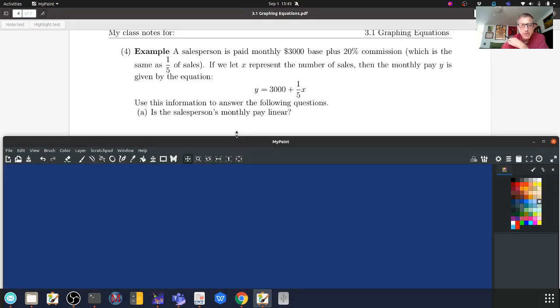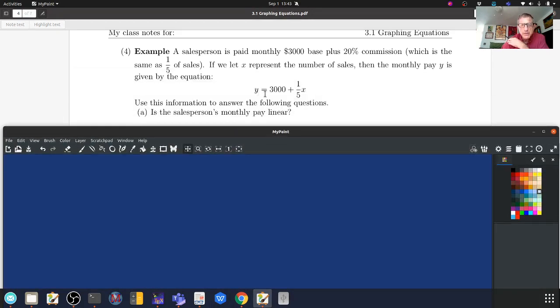So we have an equation. Y is equal to 3,000 plus 1/5 x. Is that linear? Yeah, because it can be written as, we're given y is equal to 3,000 plus 1/5 x. Well, if I move my 1/5 x over, it becomes minus 1/5 x. The y stays put.